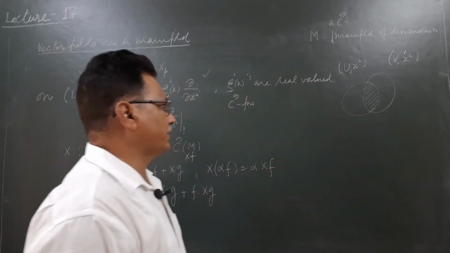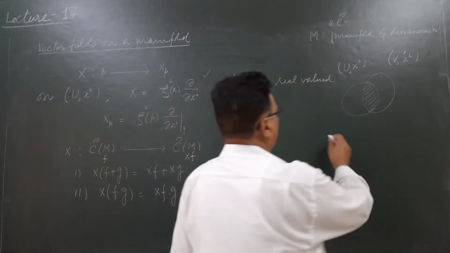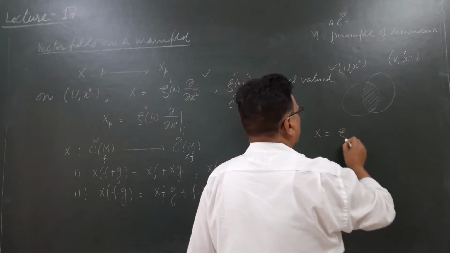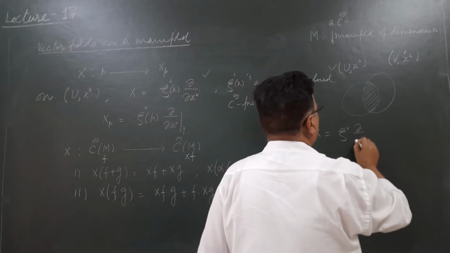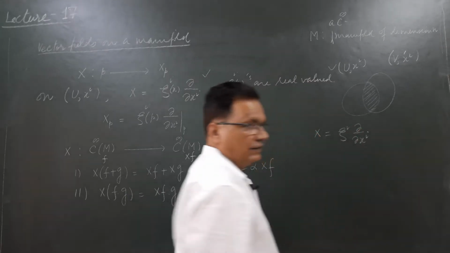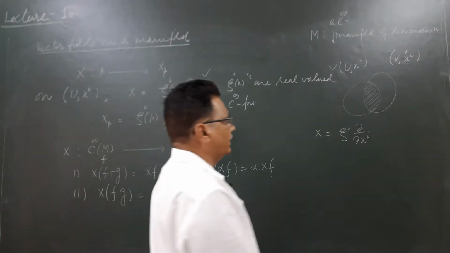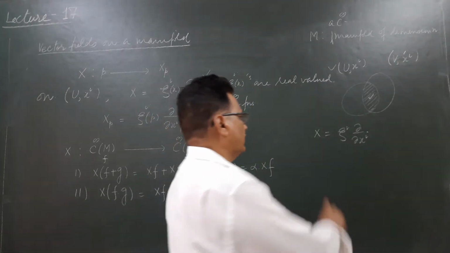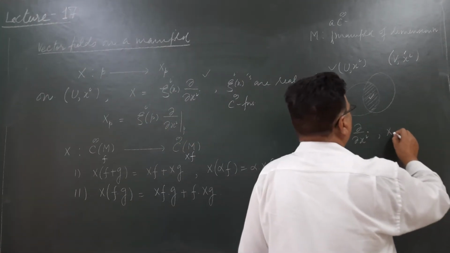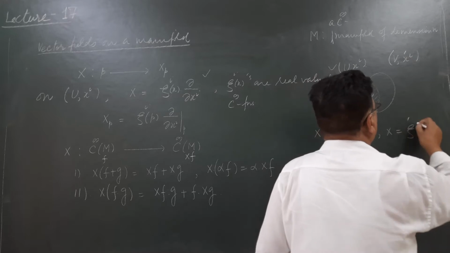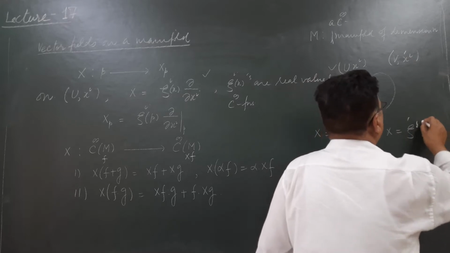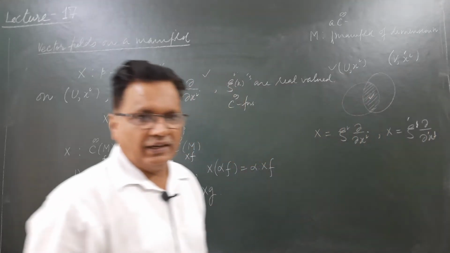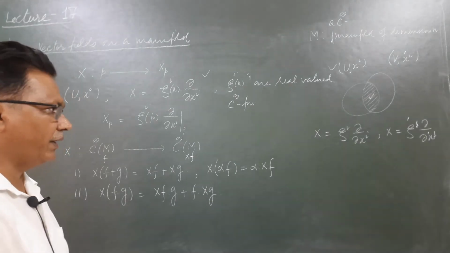So, there is an intersection between the two neighborhoods, and the expression of the vector field X in U, x i suppose is something xi i del upon del x i. And the same vector field, in the overlapping part, will also have an expression some xi dash j del upon del x dash j. So, the vector field has two different expressions.